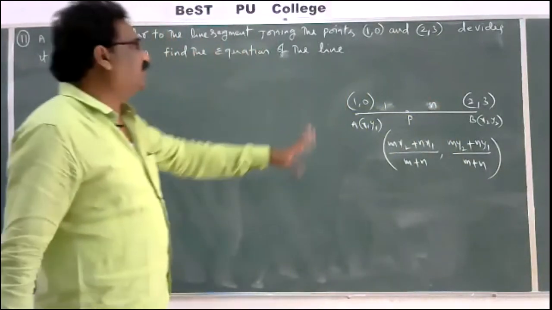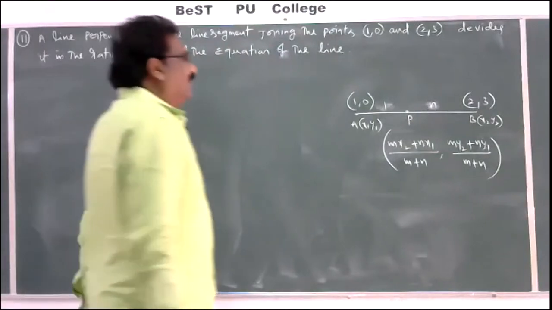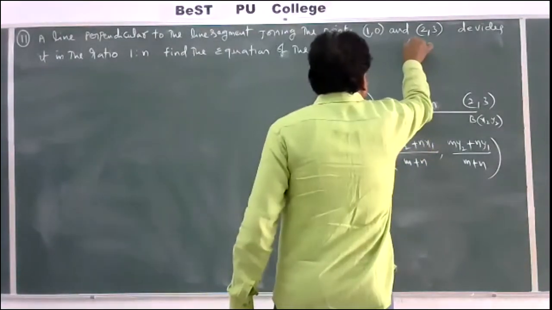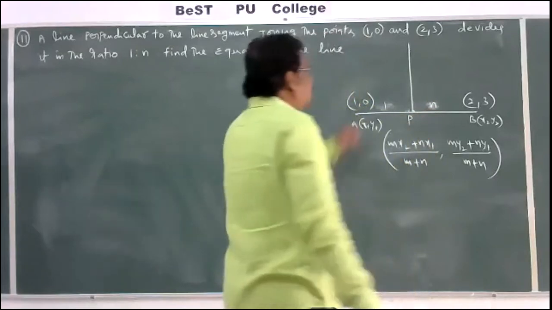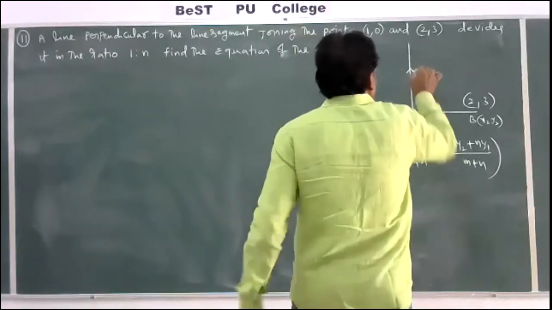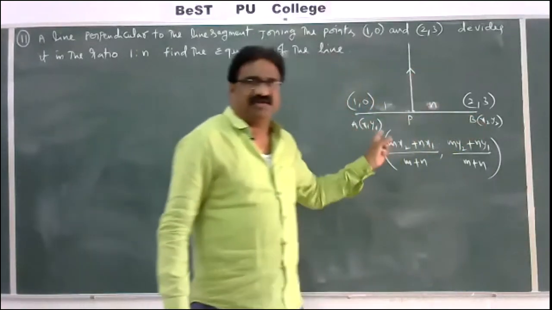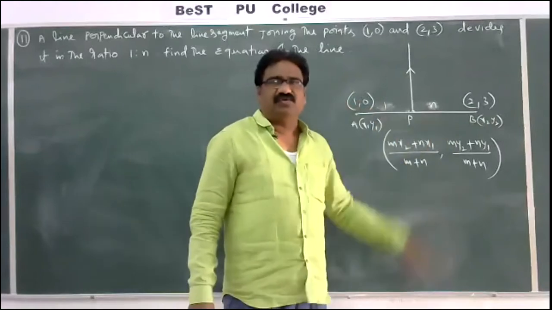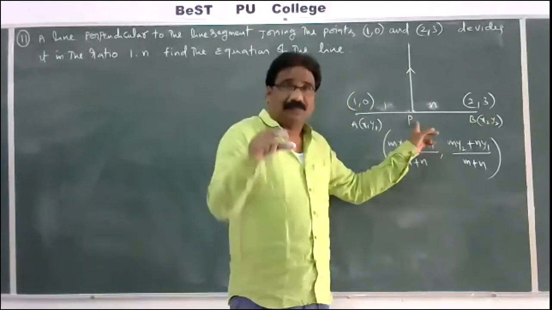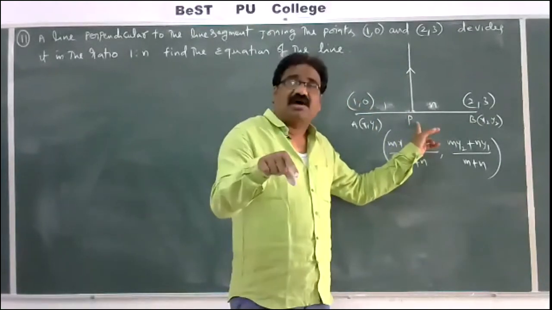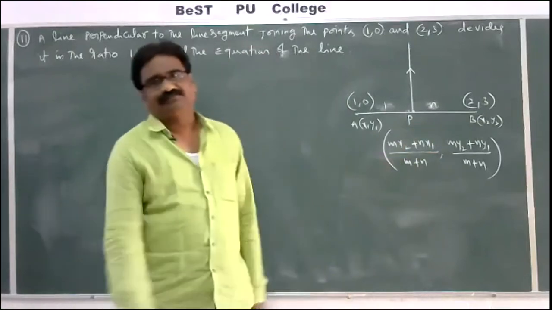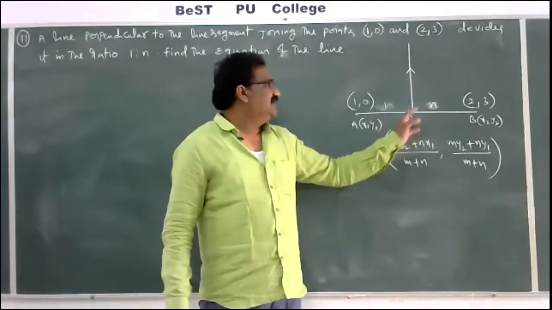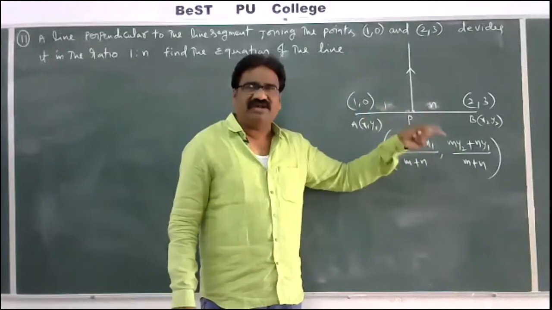The required line is perpendicular to AB and passing through the point P. P always divides AB in the ratio 1:n.